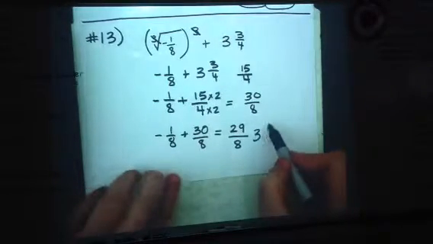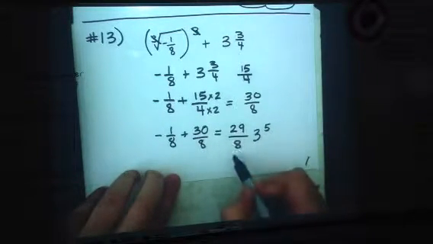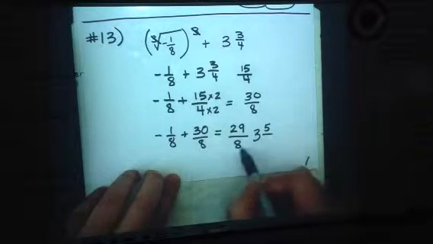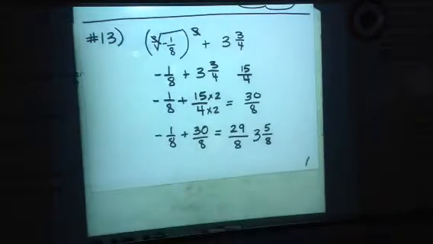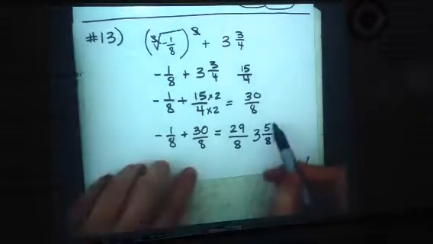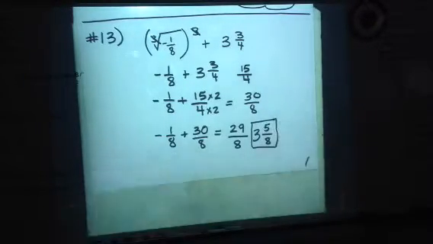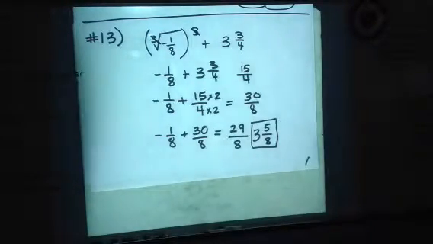We would have 5 left over, so 29 minus 24 is 5, and then we keep that same denominator. So our final answer is going to be 3 5/8. If I went a little too quick, pause the video, rewind, whatever you need to do. Just remember that awesome rule: when we see a cube root and a cube sign, we can cross those out.